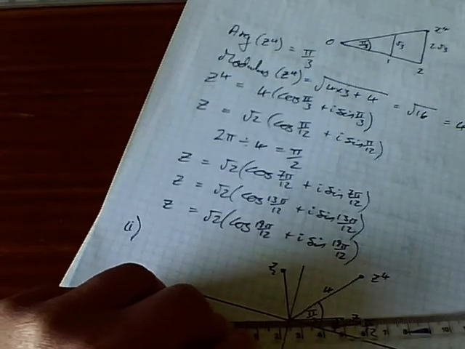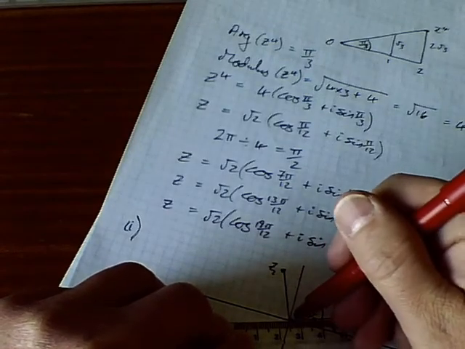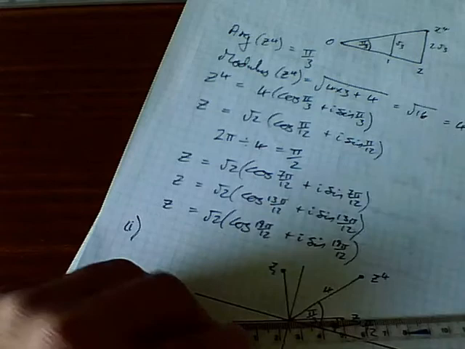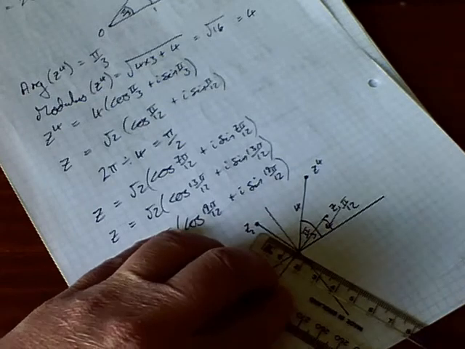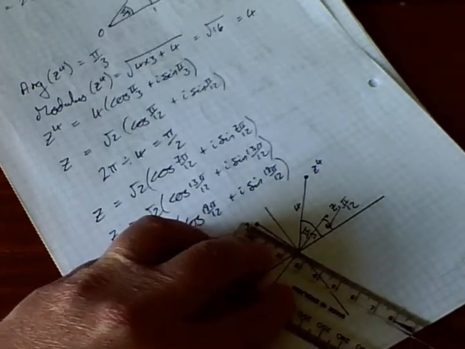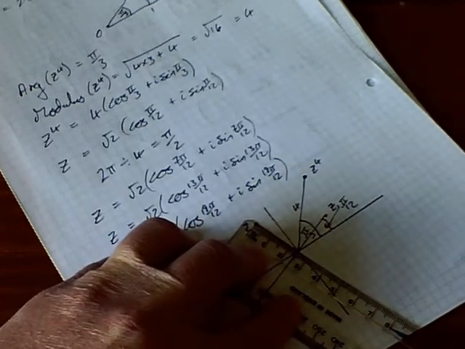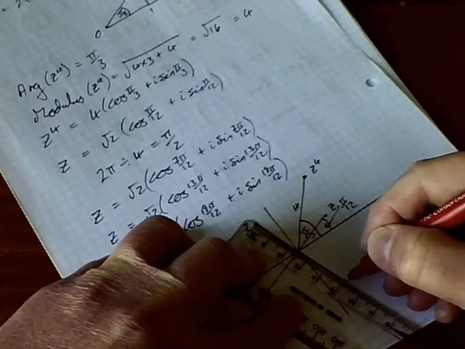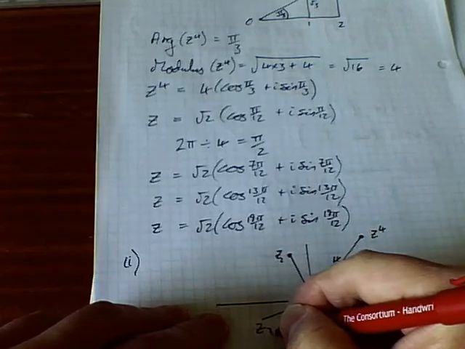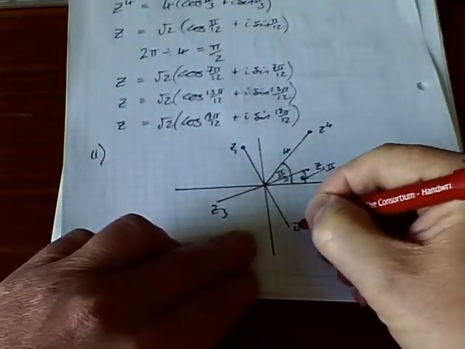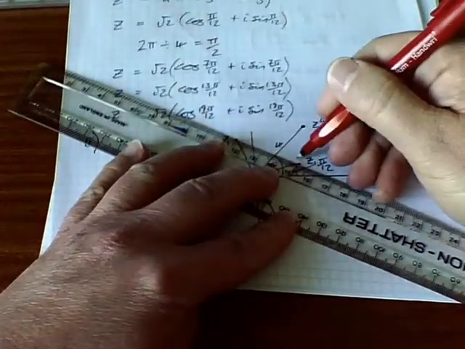Now I know that these form a square because they're the fourth roots, so I know there will be another one like that, and another one like this, and these are my z3 here and z4 there, and they form a nice square.